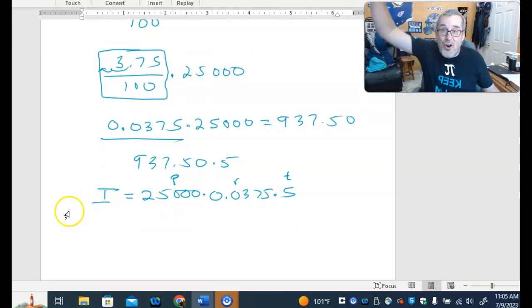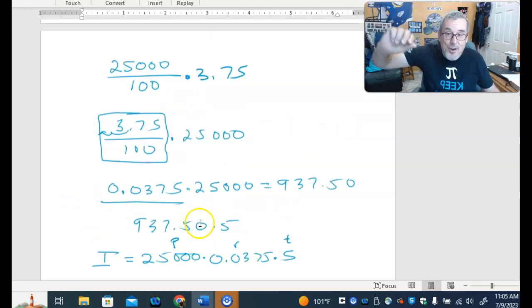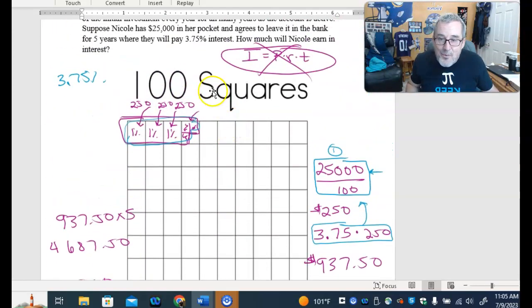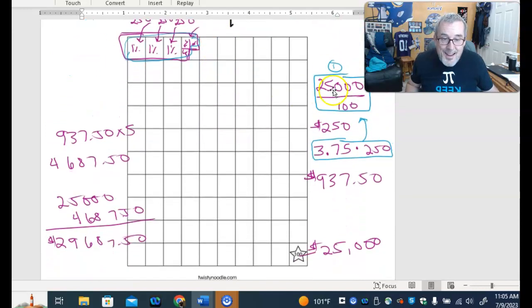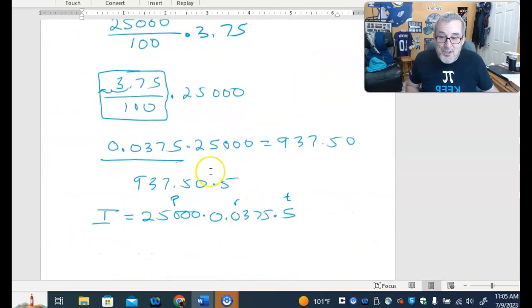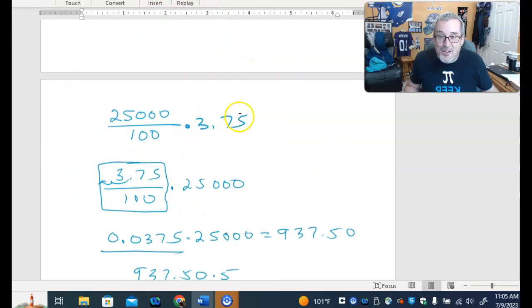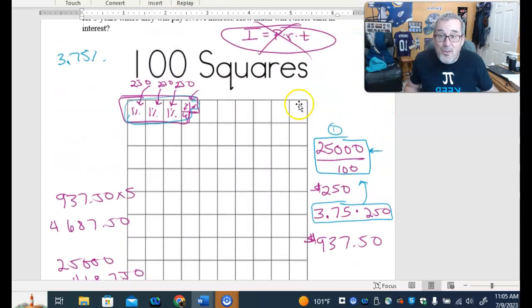We don't have to start with the formula and then just turn it into a plug and chug. We start with meaning. What does percent mean? And turn it into a thinking and reasoning exercise. But for you all as future teachers, I wanted you to connect it to interest is P times R times T. There's the formula, but it all makes sense when you follow your nose, follow the work.